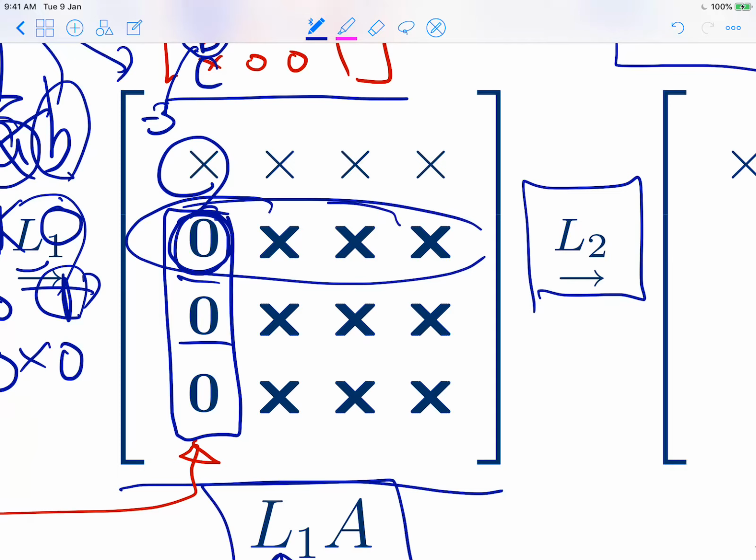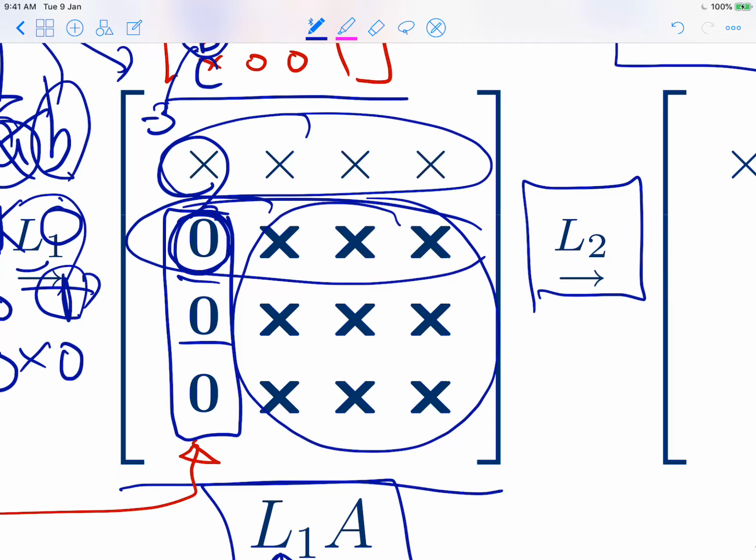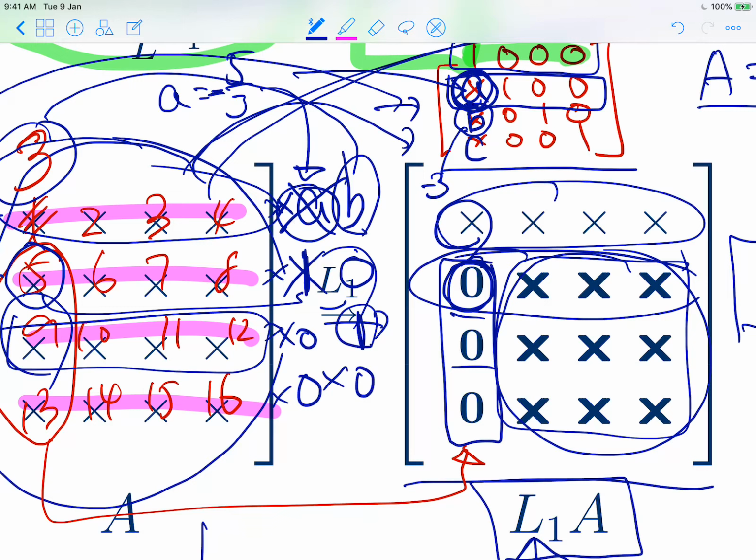And this is the matrix that we see in this place. Why do we write this part as a bold X mark, compared to this plain font X mark? This is because those values are still potentially non-zero, but they are certainly different from the original values 6, 7, 8, and 10, 11, 12, and so on.